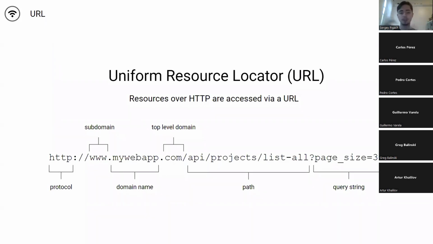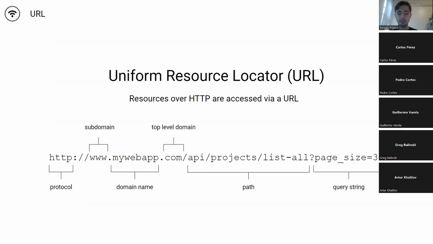And then your browser would use something like a DNS server to convert this human readable domain into a physical IP address of a machine on the global network. Then you have the path, or the route, which is the location of the resource on the target host or on the target machine that you're trying to get to and query.